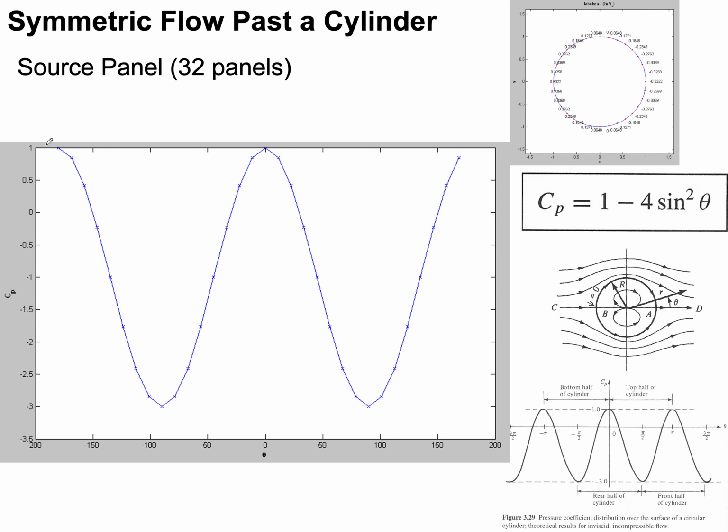But once you do more panels, like 32, you're going to get the shape just right. You're going to get the right shape for CP equal 1 minus 4 sine squared theta. You're going to get the stagnation point of CP 1 and the minimum pressure of CP minus 3.